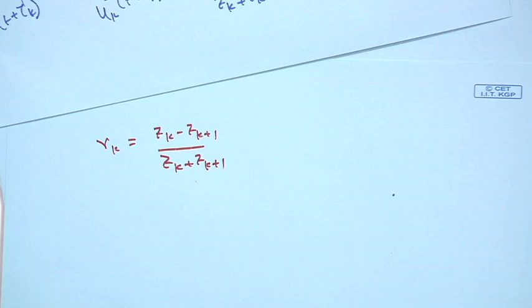(z_k minus z_{k+1}) divided by (z_k plus z_{k+1}) is nothing but r_k.